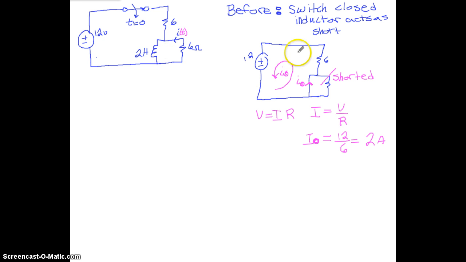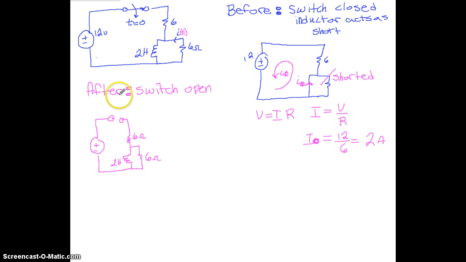Next, we're going to look at the circuit after the switch has been opened. So I've redrawn the circuit with the switch open, and as you can see, this whole voltage source right here gets shorted out because there's an open circuit right here.